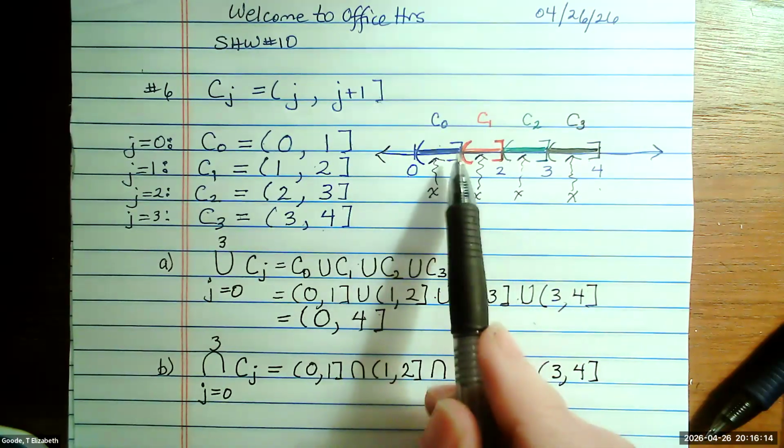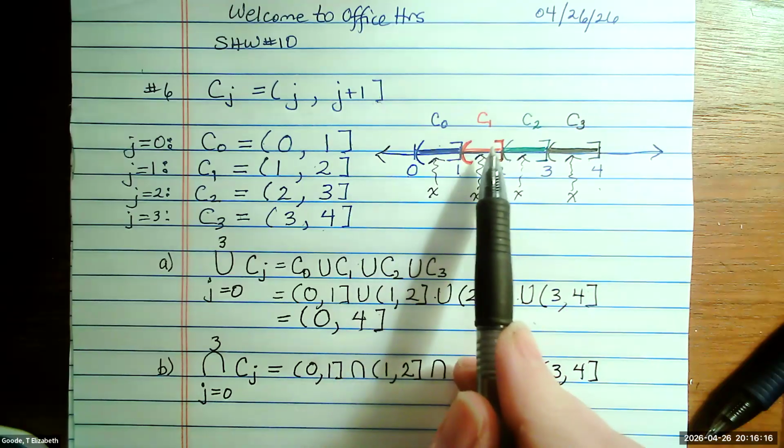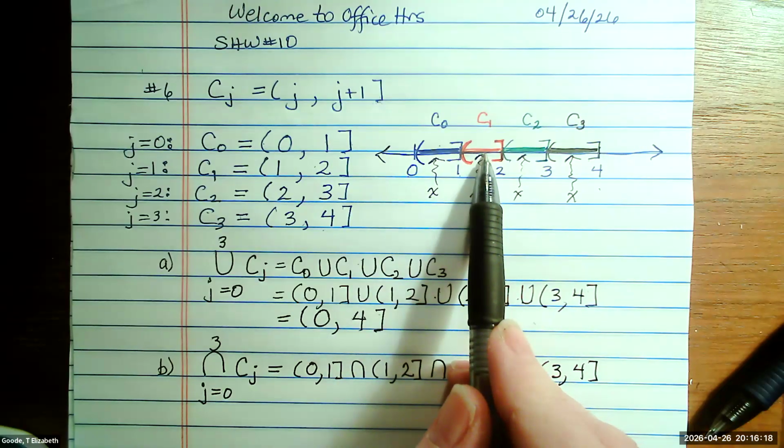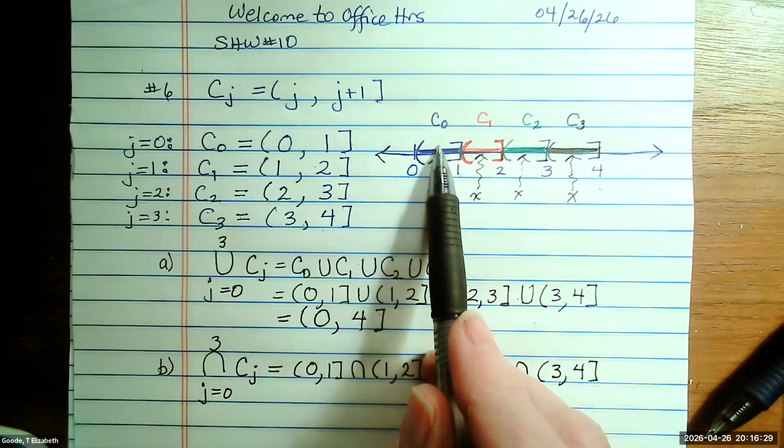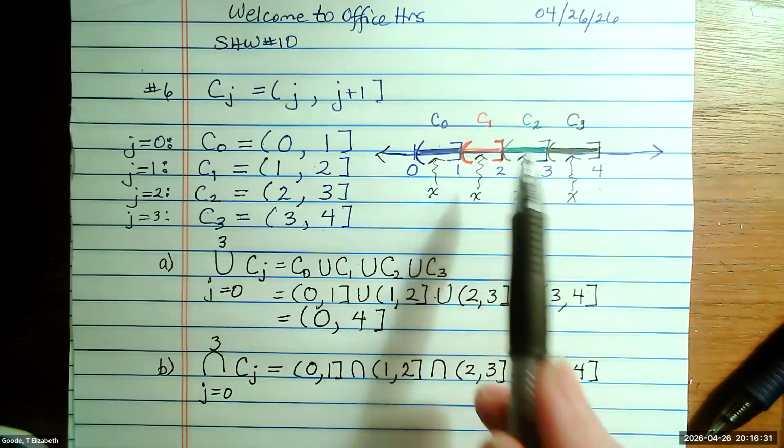So are there any x's that are in C0 and in C1? What real numbers are in both C0 and in C1?